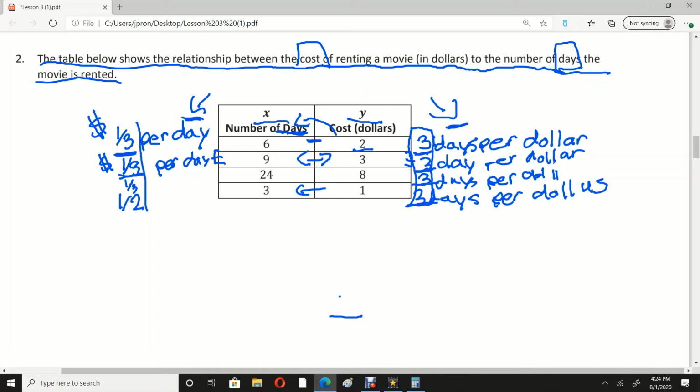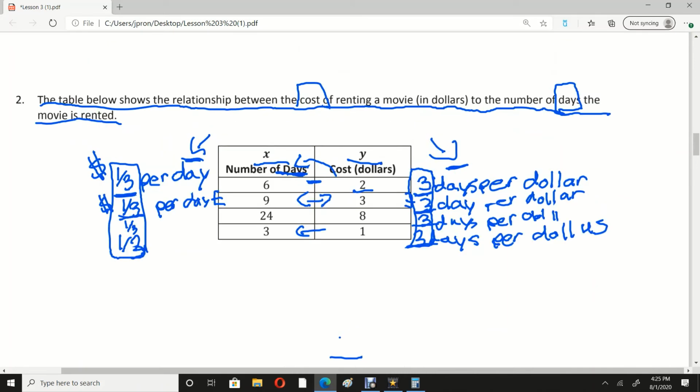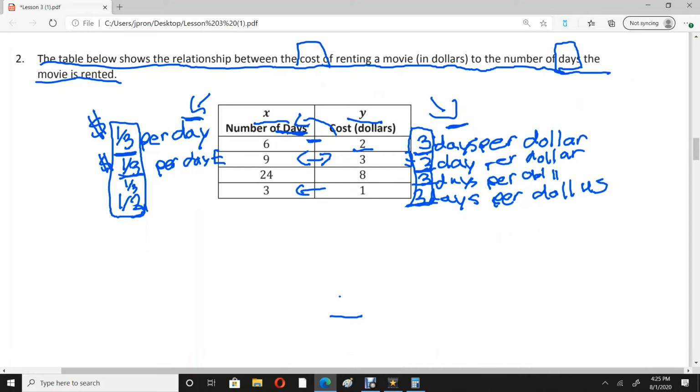So this is a proportional relationship. Make sure you write your answer out in complete thoughts, right? So the relationship between days and the cost is proportional. Fantastic. I don't need to sloppily write this out in this pen for y'all to see it. Please let me know if you have any questions about this one so far.